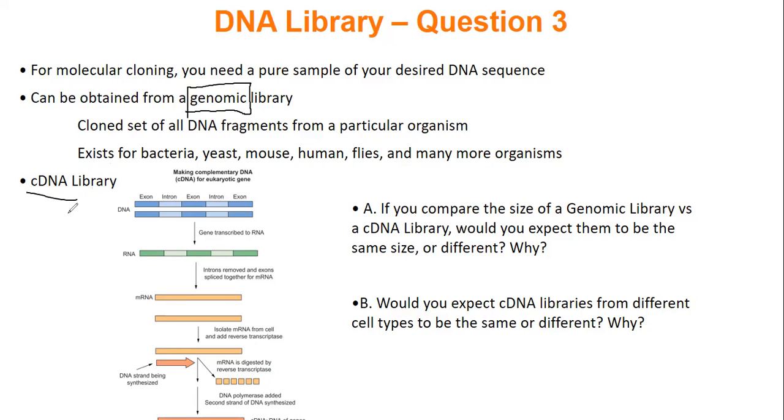While a cDNA library is where you take mRNA from a cell, and you do reverse transcriptase, and you make DNA from mRNA. And that's how you get your DNA strands. All right, so that's a cDNA library versus a genomic library.